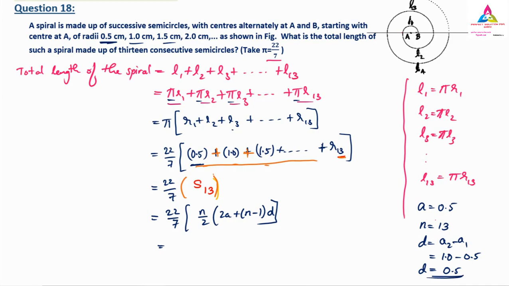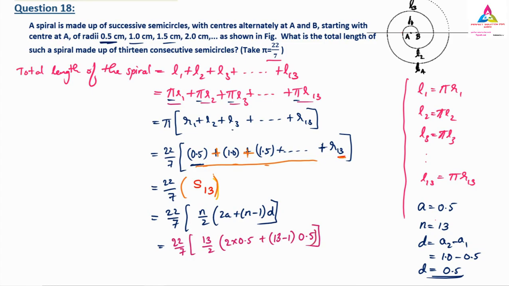Let us substitute the values. So 22 by 7 will remain as it is. The n value is 13, so 13 by 2 into 2 into the a value 0.5, plus n value again 13 minus 1 into the d value 0.5. Next we will continue.